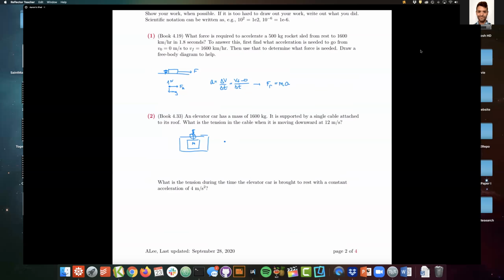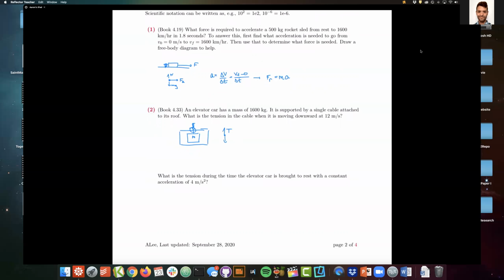So there's the tension in the cable that's pulling up. Then there's the long range force of gravity. And that's it. So if I define up to be positive, that means that the sum of the forces is the tension force plus the gravitational force, a sum here because it's vectors. But then if I throw in the coordinate system, that's T minus mg.